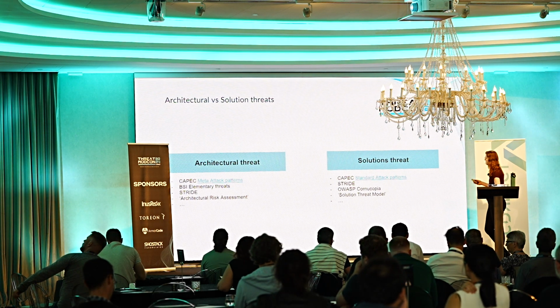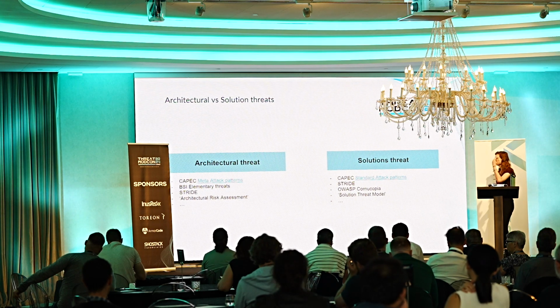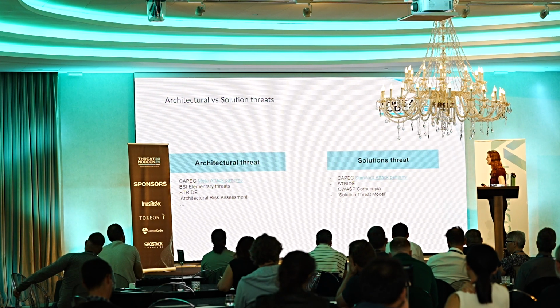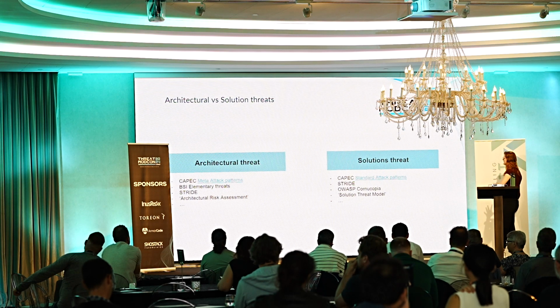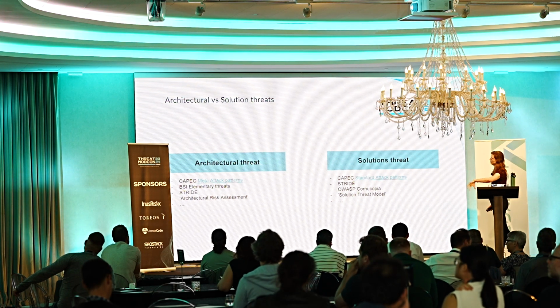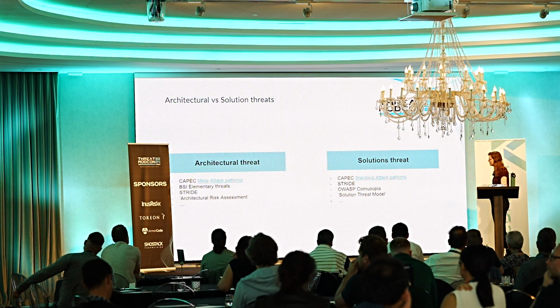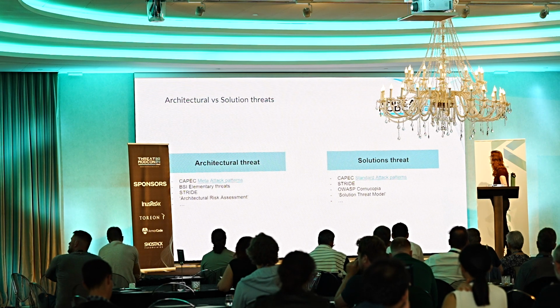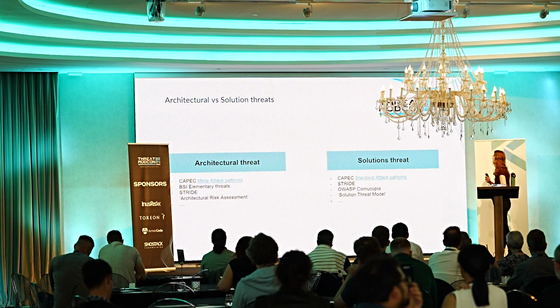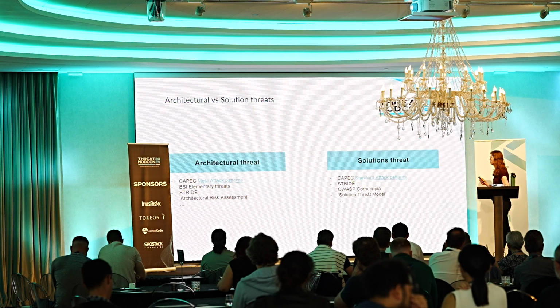Now, both can still use STRIDE because STRIDE is more of a conceptual approach to threat modeling. Also, typically, we'll find architectural threats through something we call an architectural risk assessment. So assessing, for example, patterns, and the solutions threats using a solution threat model.